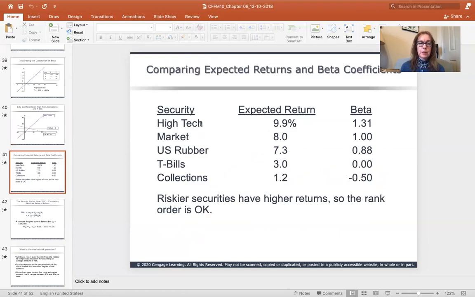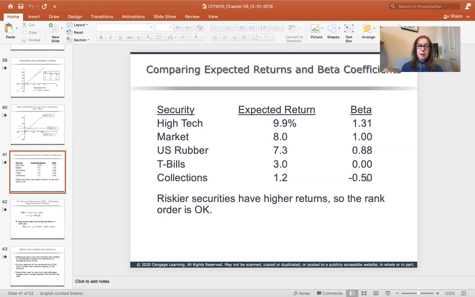So anyway, remember, this is the expected return for high tech. And you don't have to calculate the beta. You'll be given the beta, because they have to calculate that using a regression analysis. So here's the beta for all these companies. Look, Collections has a negative beta. It's rare to see that.